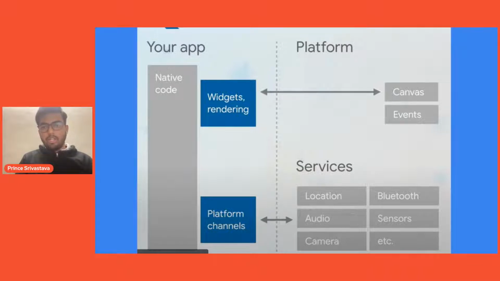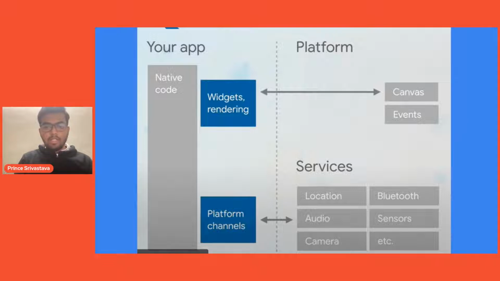If you want to contact native services like location, audio or camera, we can use platform channels in Flutter. Platform channels are just a connectivity way where you can connect your Flutter app to your native code. So now we don't have to write separate apps for Android and iOS.